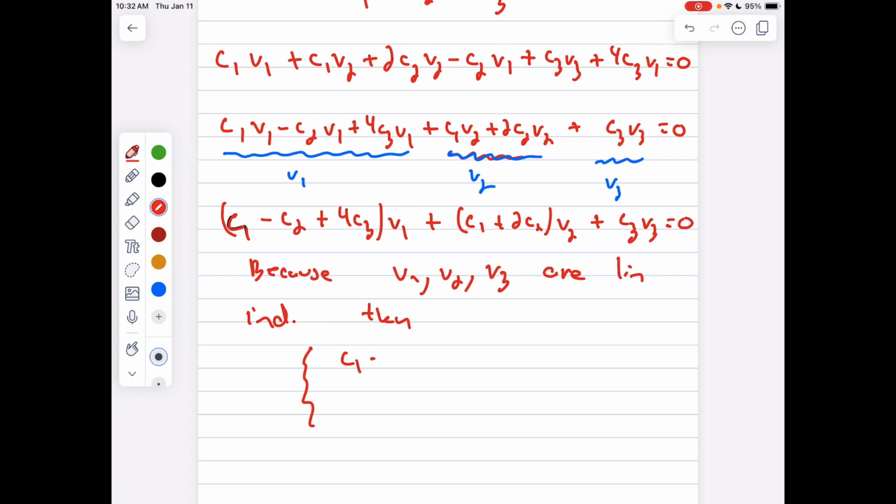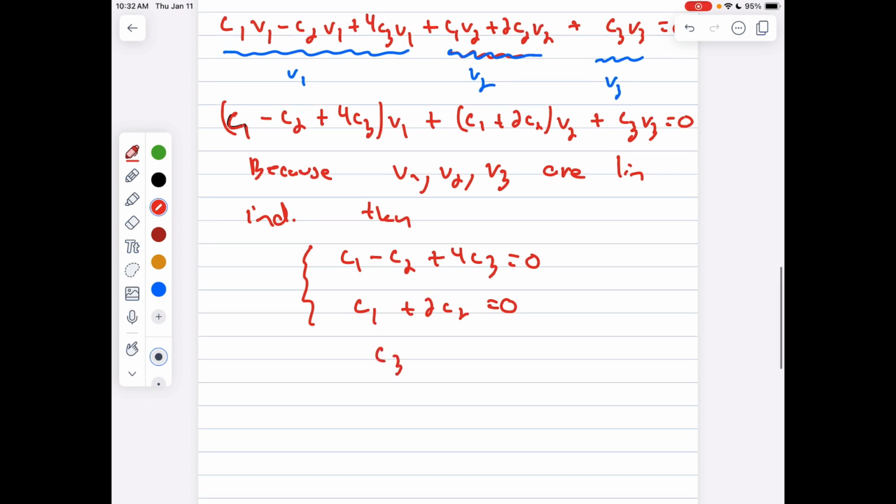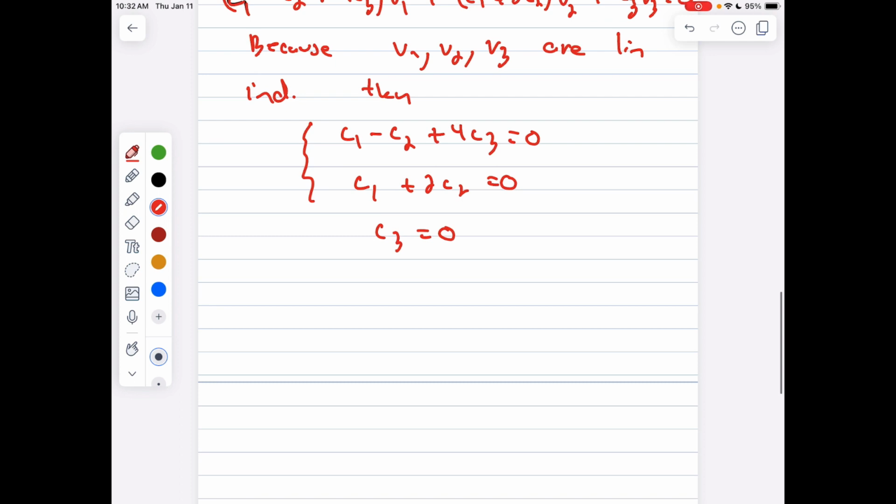So I'd have to have that c1 minus c2 plus 4c3 equals 0, c1 plus 2c2 equals 0, and then c3 equals 0. And what can you do with this? Well, you can actually set this up as a system of equations in a matrix.